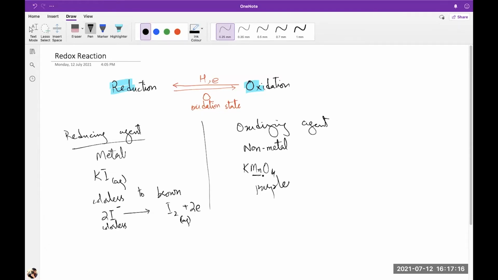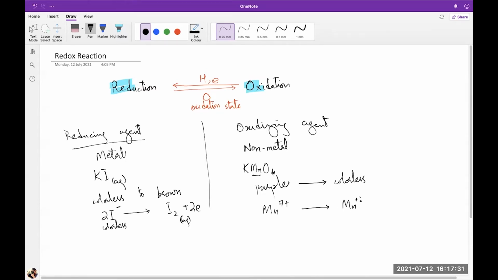In the manganate ion, manganese is positive 7. You don't need to remember this, but just remember that the color is purple. After it reacts, it becomes manganese positive 2, which means it has gained 5 electrons. This equation isn't something you need to memorize. This is just for your information. The star here means that it's not in your syllabus.